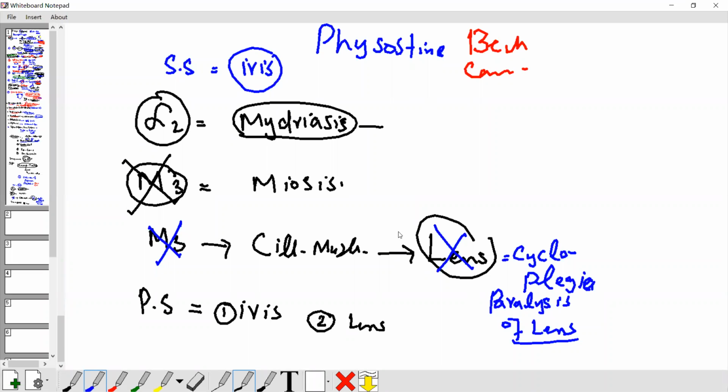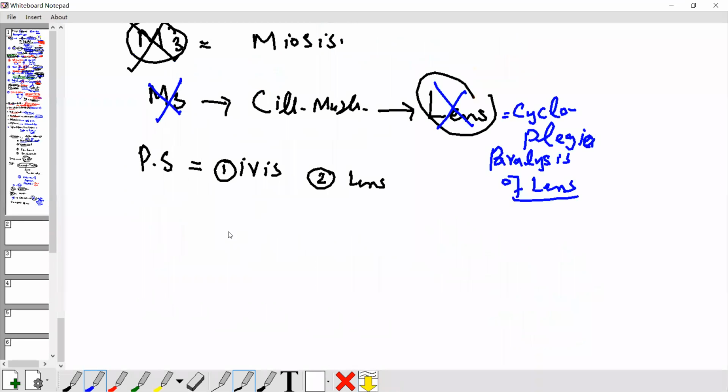So now the parasympathetic system does two things in the eye. If you block the parasympathetic system, number one, what happens? Mydriasis. Number two? Cycloplegia. Listen carefully here. The drug causing mydriasis with cycloplegia, which drug do you choose?